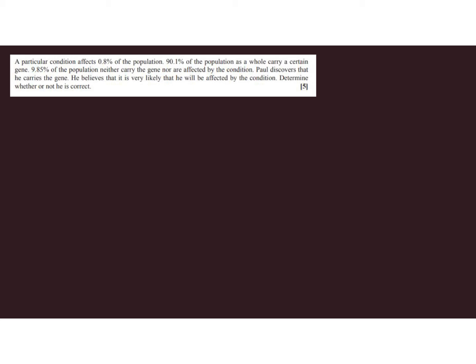So we have two situations. We have a condition that affects some of the population, and some of the population carry a particular gene. So I'm going to say that C is the event that the condition affects someone in the population.